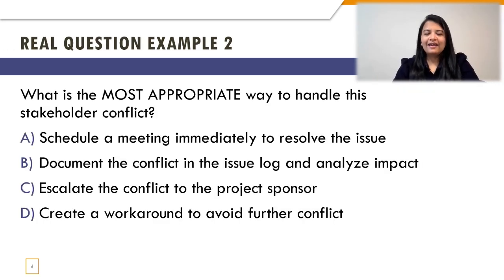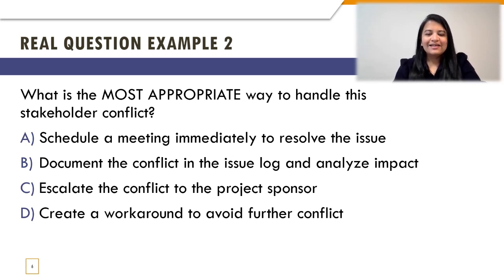Let's take a second look at another example, which is again a real question example based on the terms that we discussed ahead. The question is, what is the most appropriate way to handle this stakeholder conflict? In this case, I've been given 4 options to choose from. Option A is schedule a meeting immediately to solve the issue.